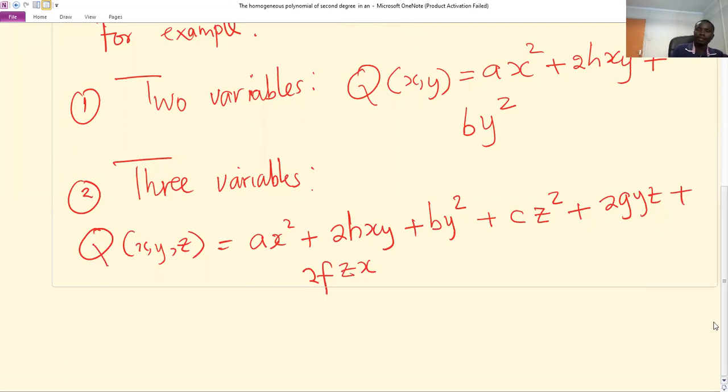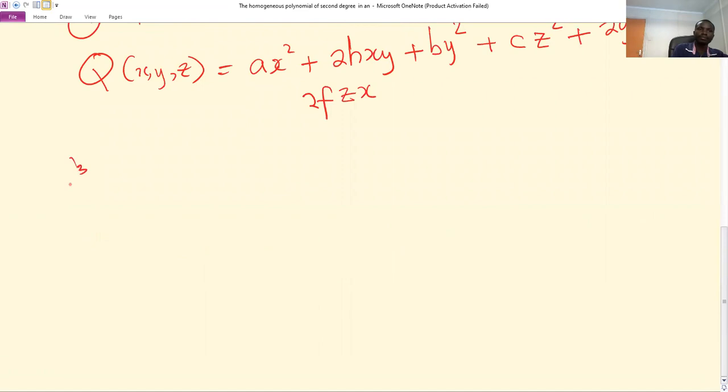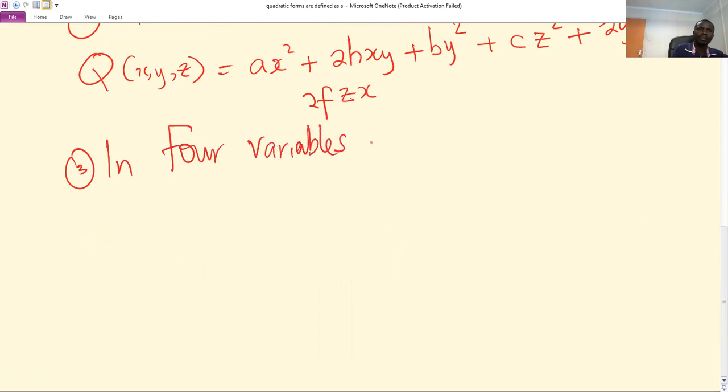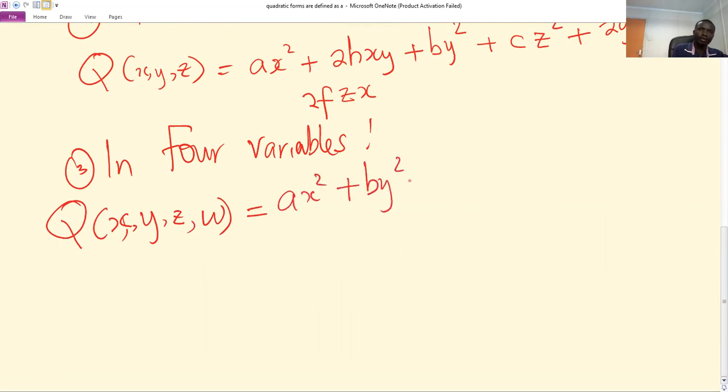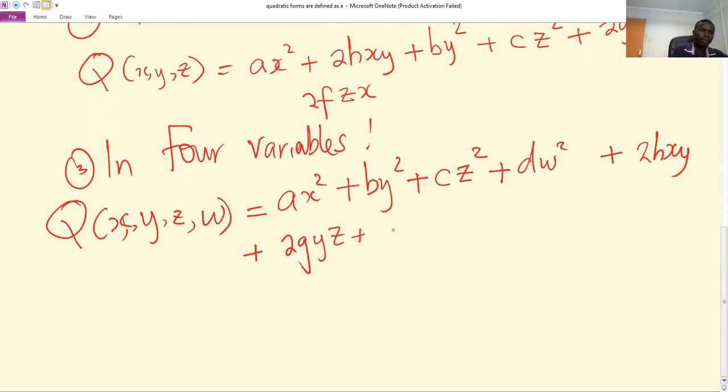And then in four variables, we'll have the quadratic form q of x, y, z, w will be ax squared plus b y squared plus cz squared plus dw squared plus 2hxy plus 2gyz plus 2fzx plus 2lxw plus 2nzw, and then we have 2myw.